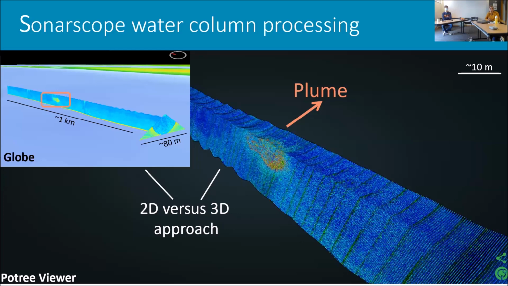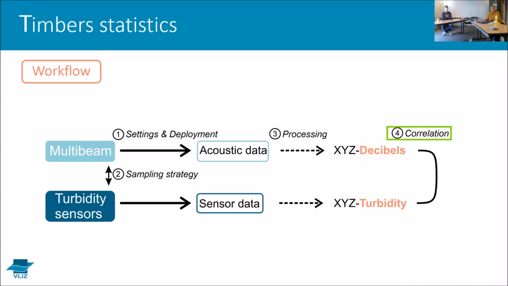So this is an example for the same underwater plume structure visualized in 2D in Globe, and then in detail in 3D. And you can see the difference in resolution is striking. So this 3D approach holds a lot of potential. The green banding that you see, that is just a visualization artifact.